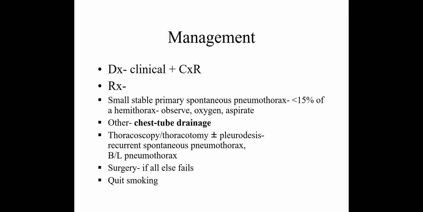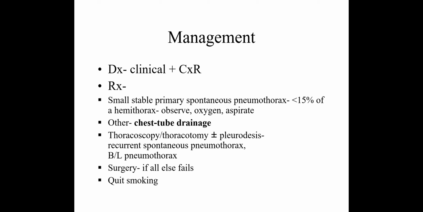Management of patients with pneumothorax: diagnosis is clinical and radiological. Chest X-ray is important. Treatment: if it is a small, stable, primary spontaneous pneumothorax, less than 15% of the hemithorax, observation with oxygen, and sometimes you need to aspirate this air.